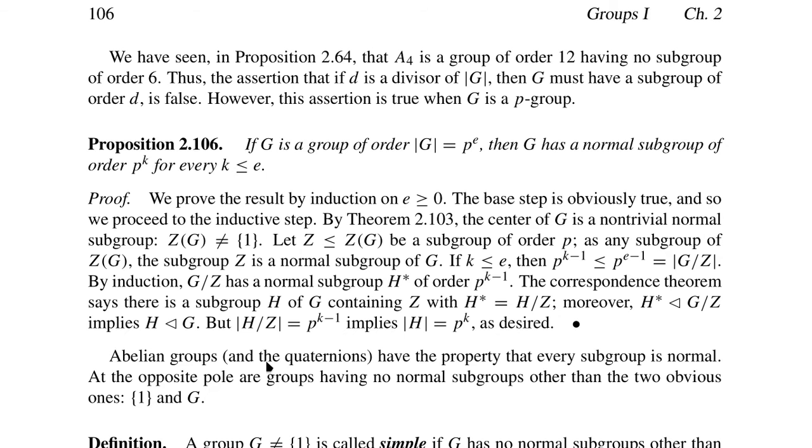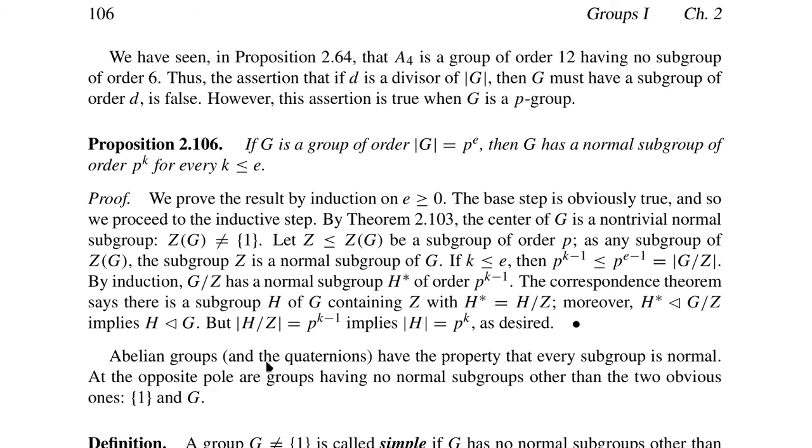The base case is also obviously true, because if e is 0, then this is trivial. The center of G is a non-trivial normal subgroup, right?